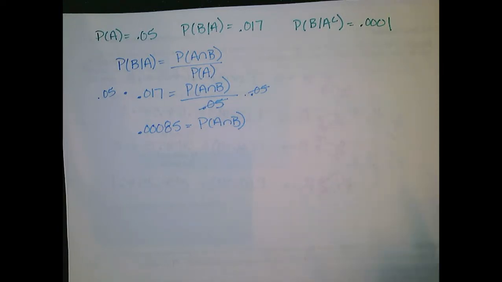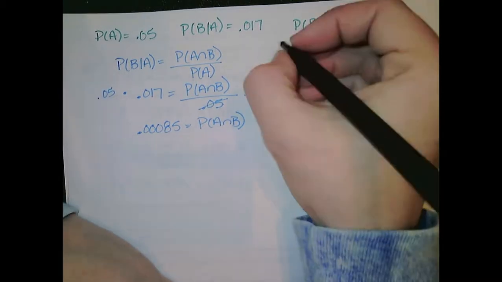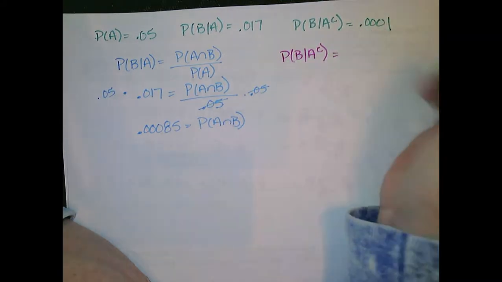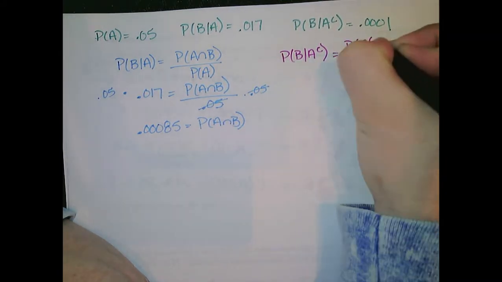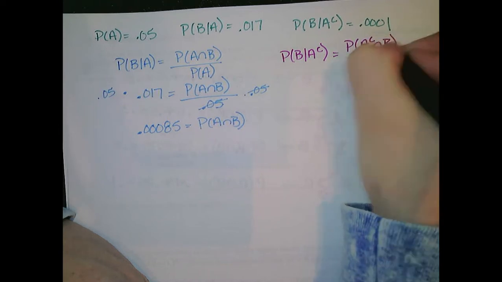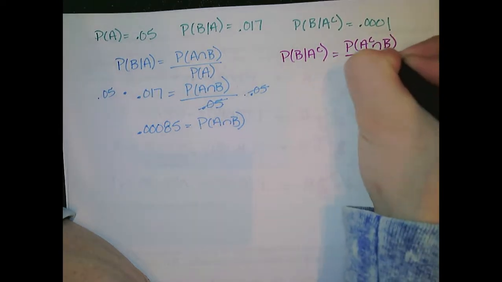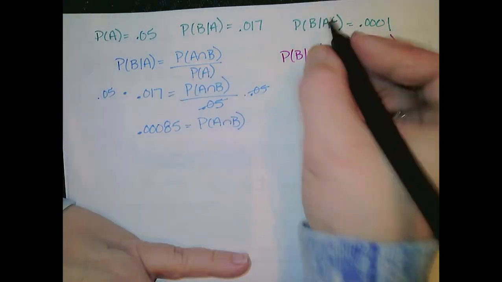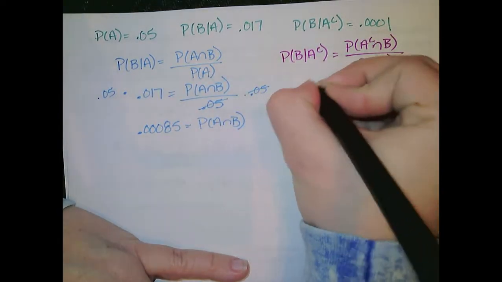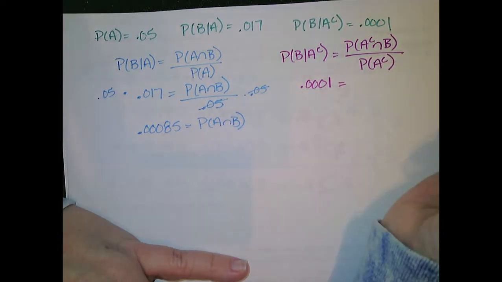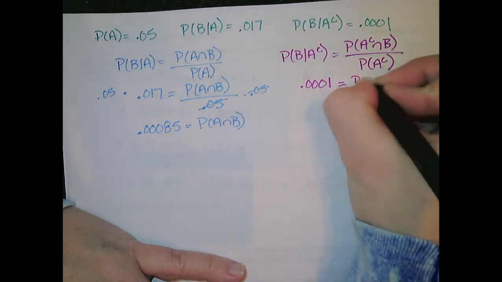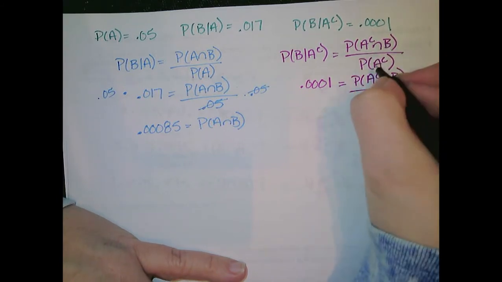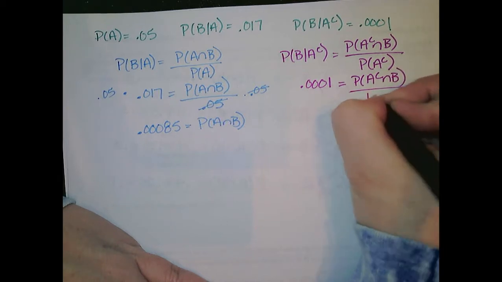Likewise, if I use my conditional probability formula, the probability of B given not A, or A complement, would be the probability of not A, or A complement, and B, divided by the probability of not A, or A complement. I know that the probability of B given not A is 0.0001. So the probability of A complement and B divided by the probability of not A, which would be 1 minus the probability of A, 0.05.